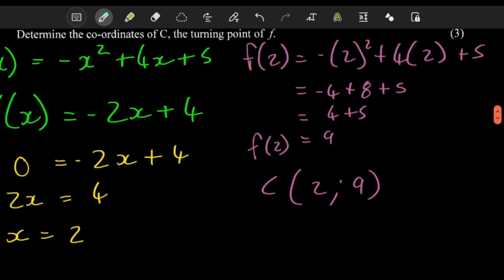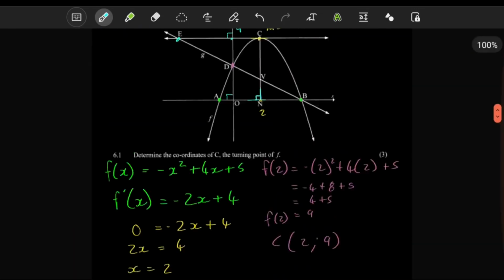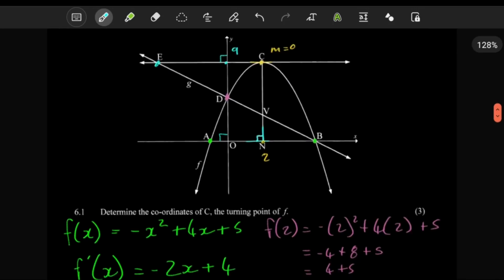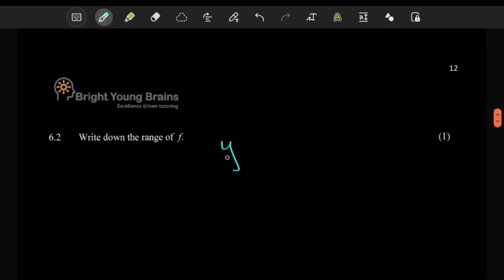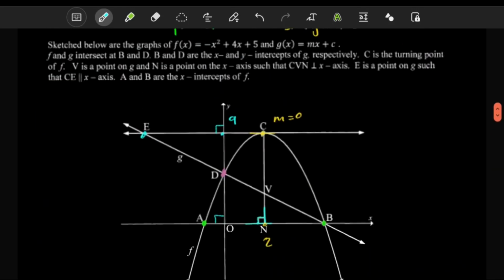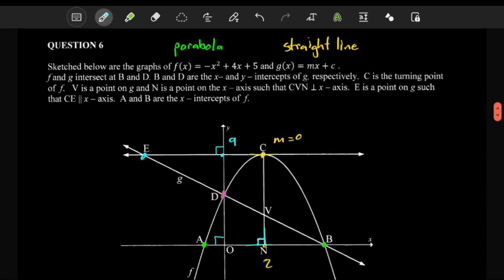Hey, I feel like I messed up here. I feel like I messed up good, but it's fine. No, it is a 9. What am I saying? So all the y values of this graph are below 9. So that's the range of the graph. So you have to say here, y values have to be below or equal to 9. The reason we're saying equal to 9 as well is because specifically at 9, the graph has a turning point there. So the graph does touch 9.